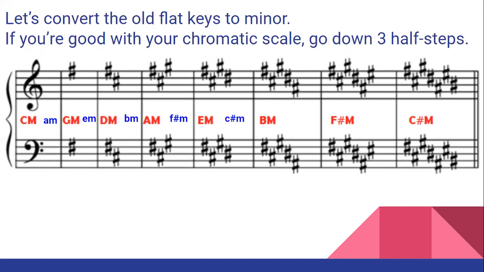C sharp minor. What is the relative minor to B major? It's G sharp minor. What is the relative minor to F sharp major? D sharp minor. What is the relative minor to C sharp major?